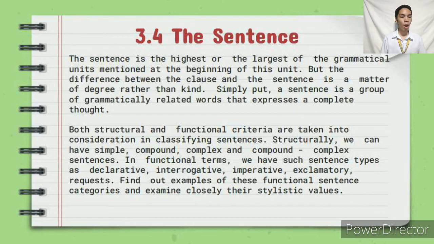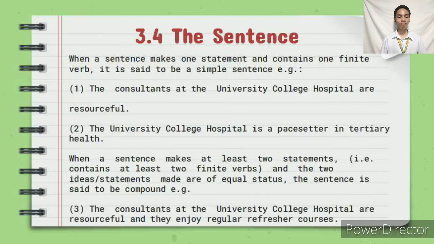So structurally, we can have simple, compound, complex, and compound complex sentences. Meanwhile, we have such sentences in functional terms, which are declarative, interrogative, imperative, exclamatory, or request. Find out examples of these functional sentence categories and examine closely their stylistic values as we go on.